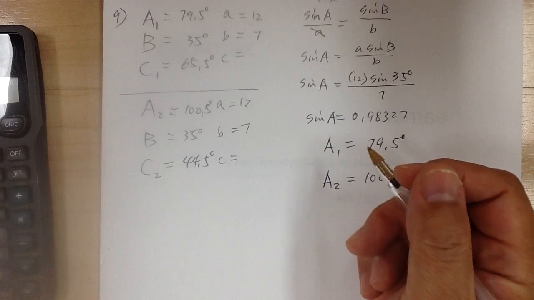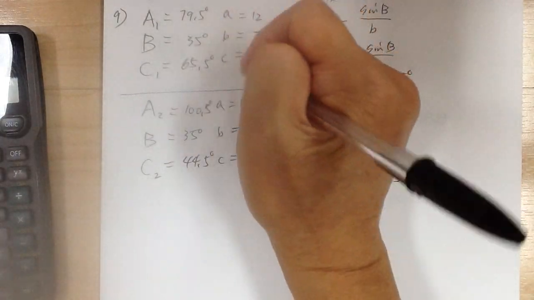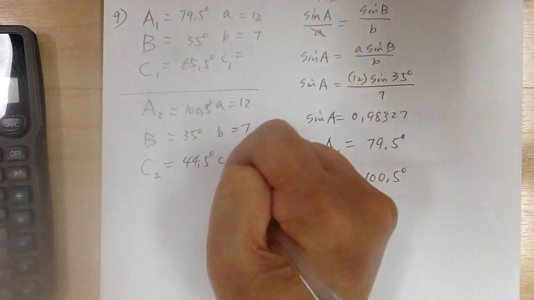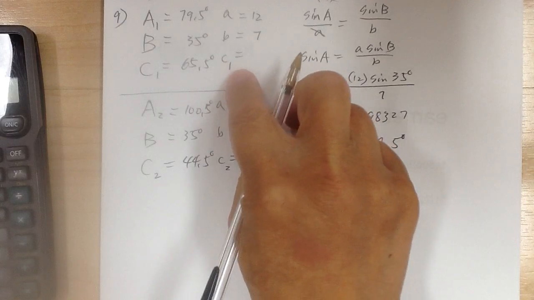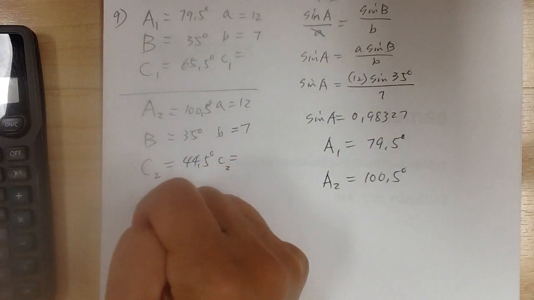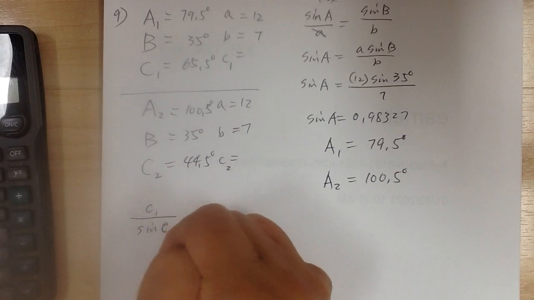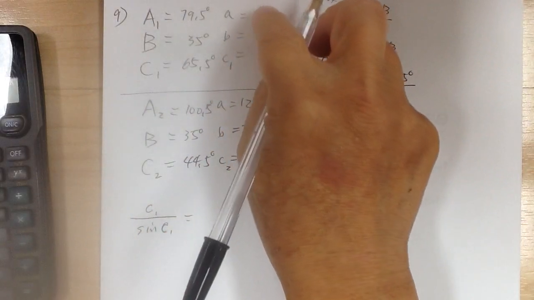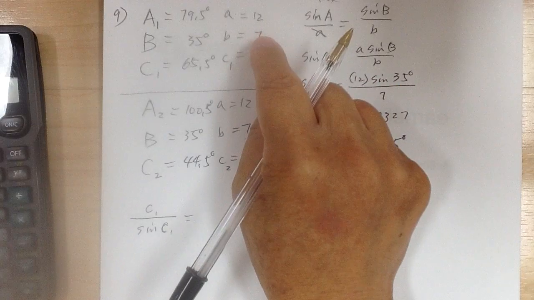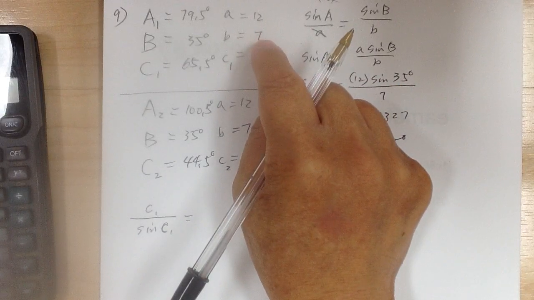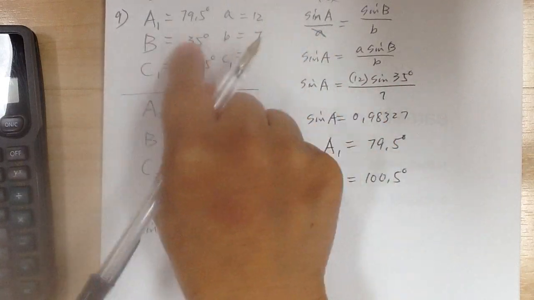Now to find the small c1, you have to use this over that. I'm going to use c over sine C, remember this is 1, equal to b over sine B. I'm using b because it is a given, so it's more exact.